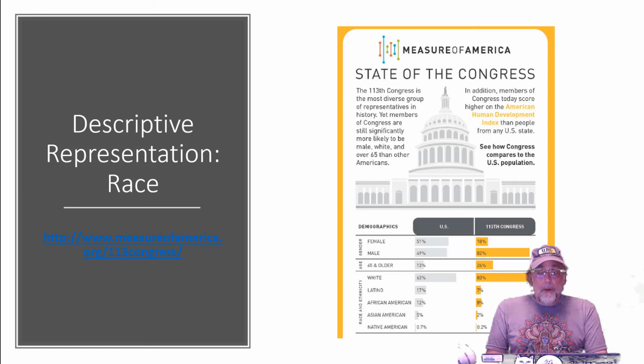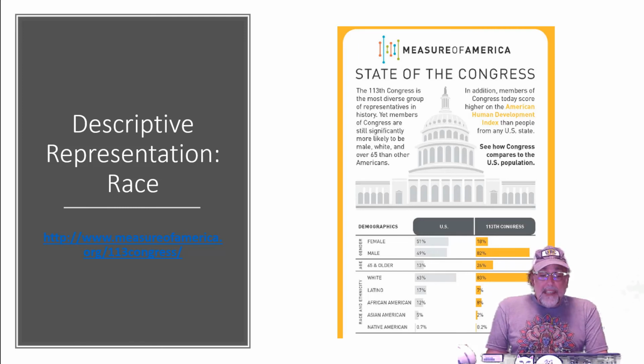Likewise, old folks make up 13% of the population, and yet they're 26% of Congress, an overrepresentation of old folks. Race, there are obvious differences here.